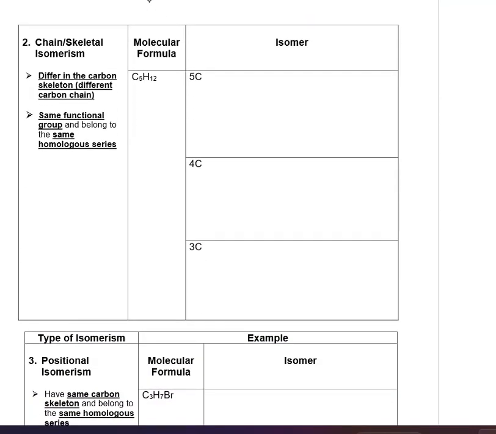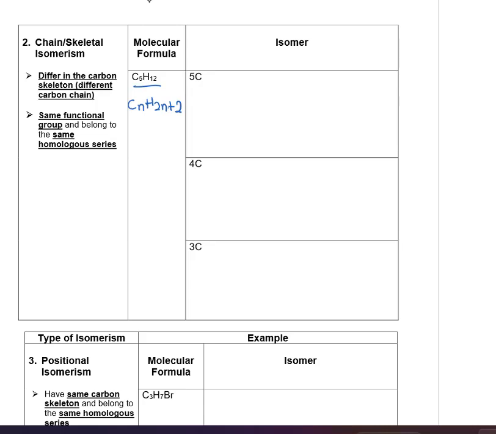Next we look at chain or skeletal isomerism. For chain isomerism, the compounds belong to the same functional group, the same class of compound. For example, here this one is an alkane, so this is CnH2n+2.